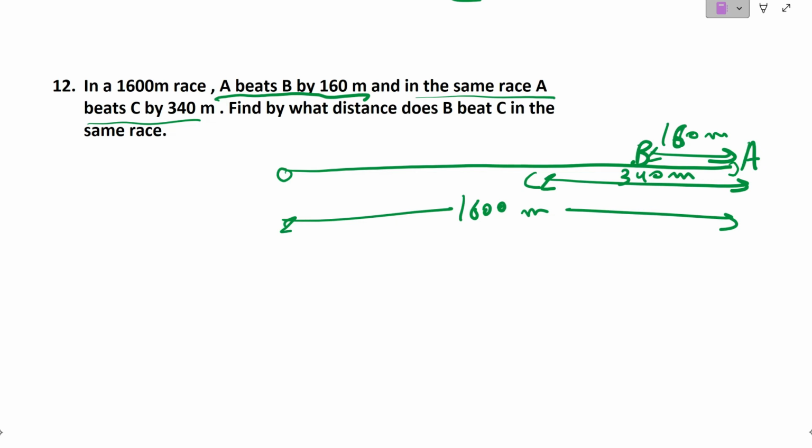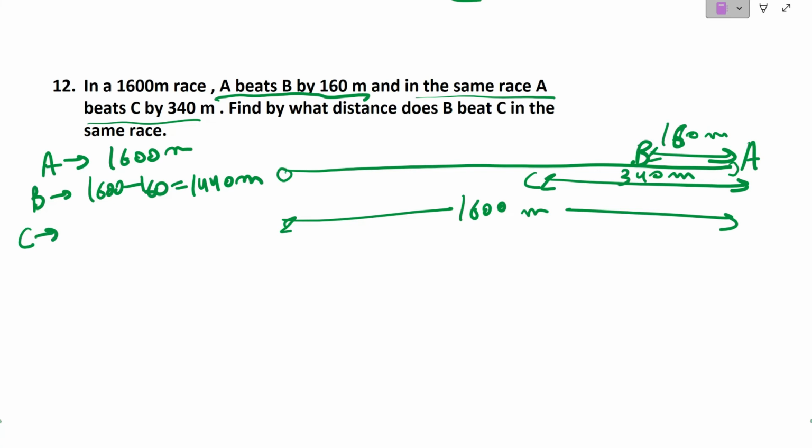Now we can say that when A has covered 1600 meter, B had covered 160 meter less, like 1600 minus 160, so it is 1440 meter. And what about C at that time?